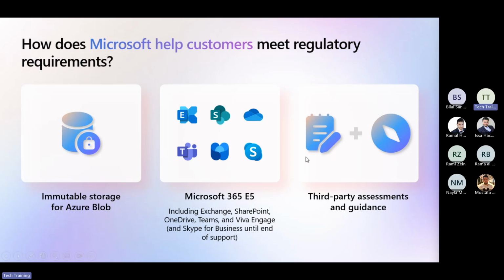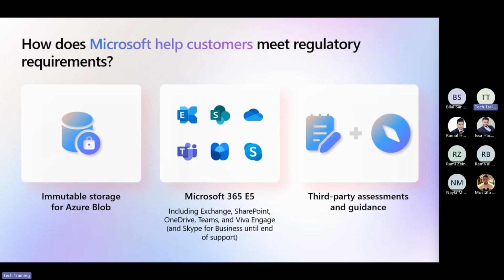How does Microsoft help customers meet regulatory requirements? Okay, they have the immutable storage. We have the Microsoft 365 E5 tenant, including Exchange, SharePoint, OneDrive, and we have the third-party assessment. So all of these are within the regulatory requirements.